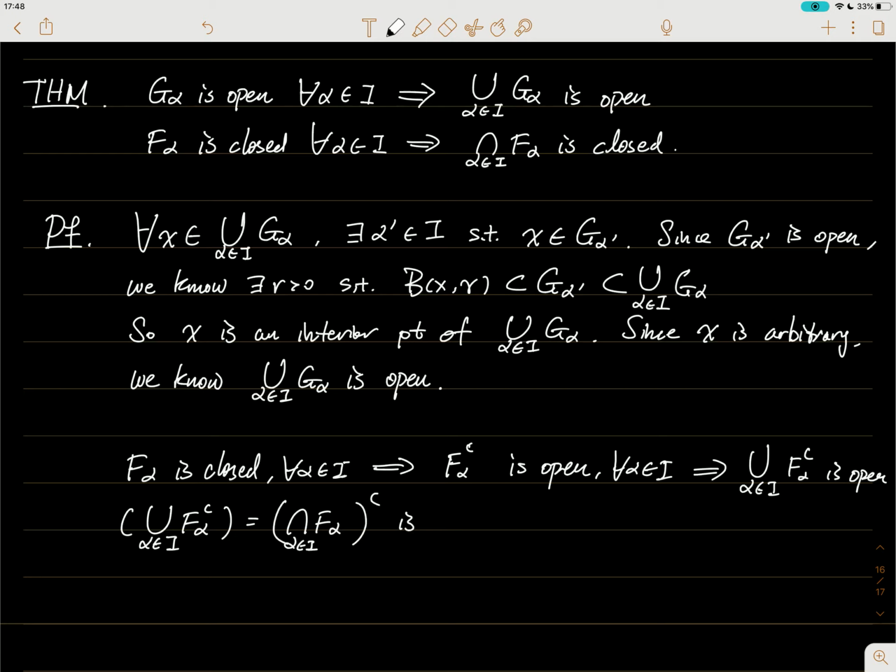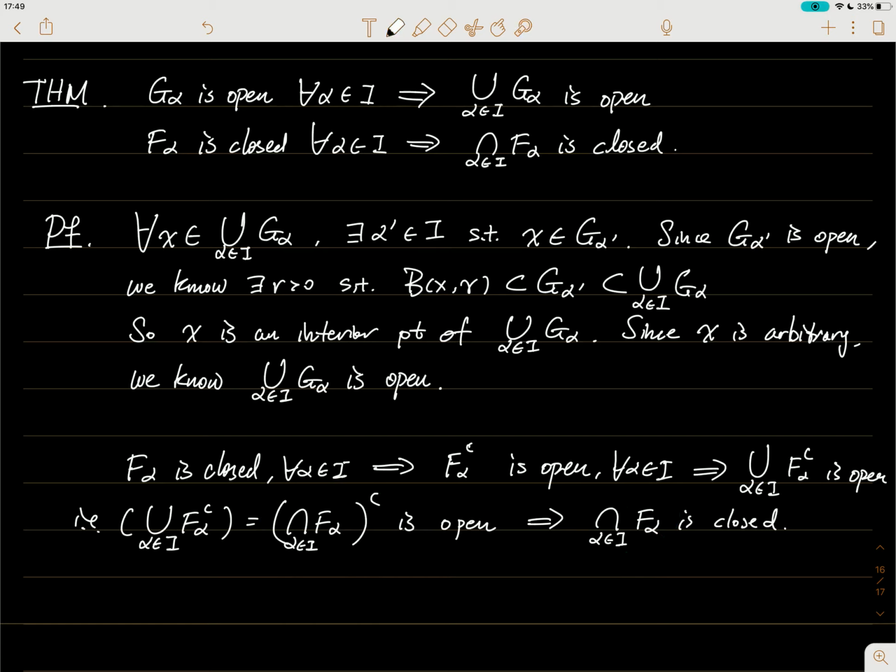So this should be open, and this means that the intersection of the F alpha is closed. Its complement is open, which means that this set itself is closed.